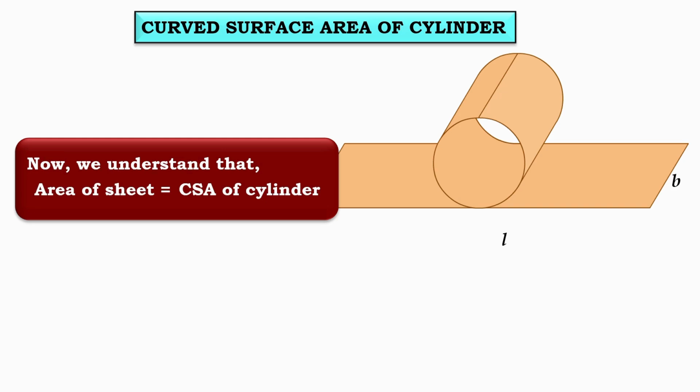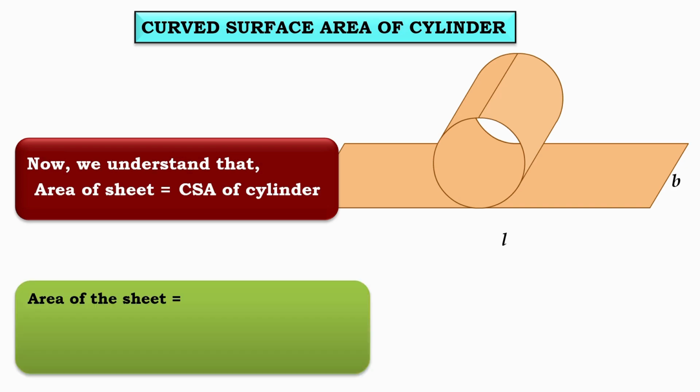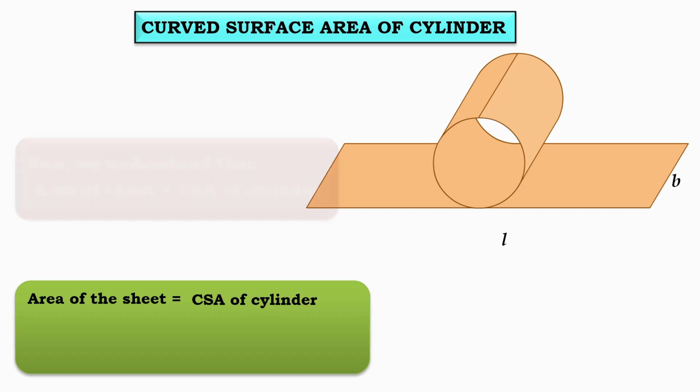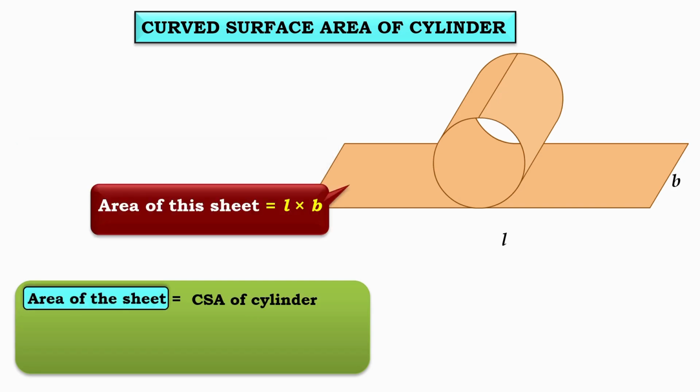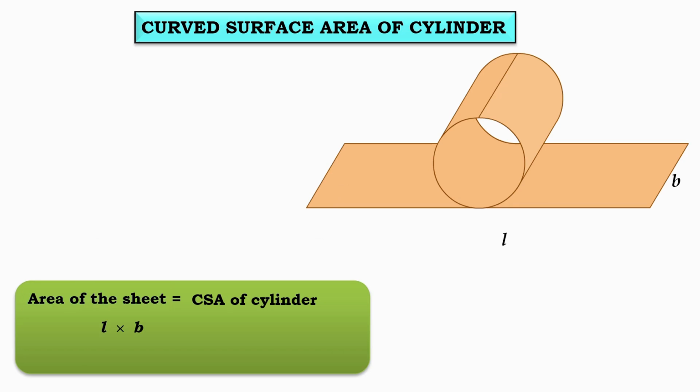So the area of the sheet is the same as the curved surface area of the cylinder. Area of the sheet is equal to length into breadth, because it is a rectangular shape. So that is L into B. And L into B is the same as the CSA, the curved surface area of the cylinder.